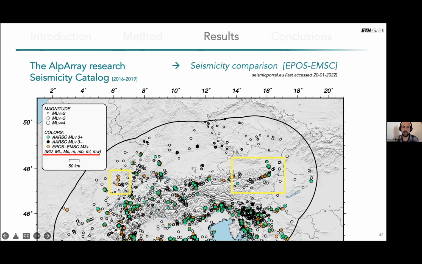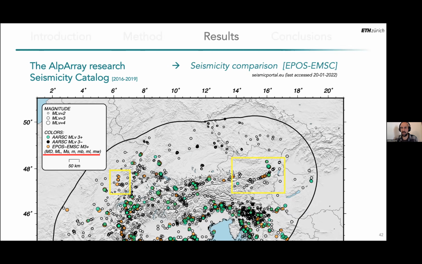You see here the smaller empty black circles are the events reported in our catalog with a magnitude less than 3. And this can be the result of providing different magnitude scales together, as EMC is doing. So for this reason, we were able to pair these events just with different magnitudes.